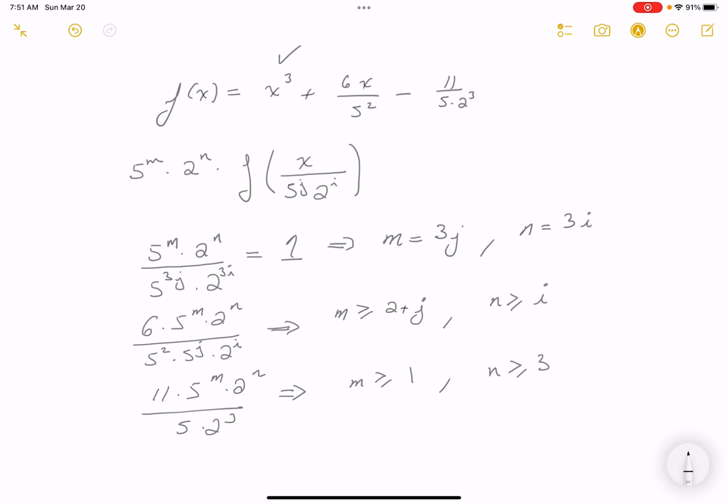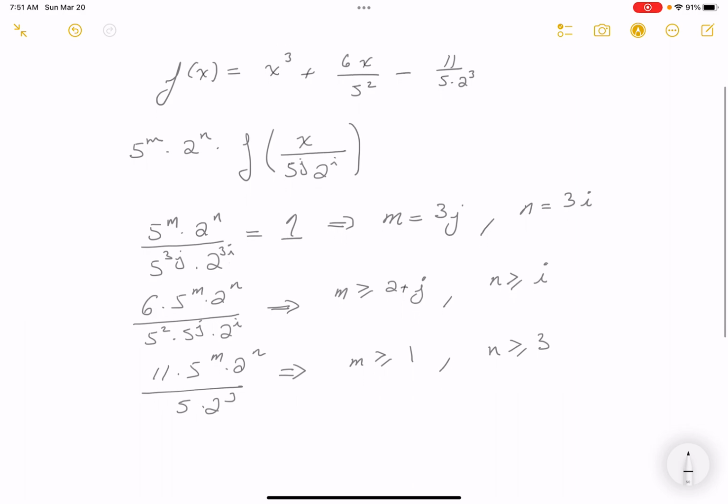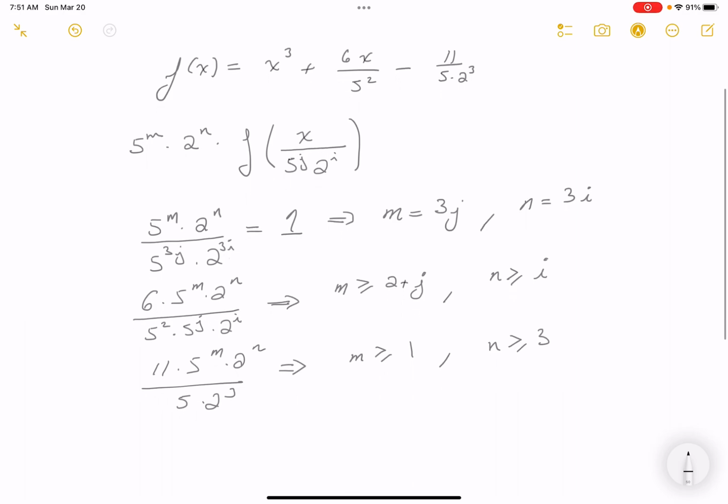All right, let's take a look. And we're going to try to write this down now. So I'm going to say, I guess I got a restriction on the n. The n's got to be greater than or equal to 3. And the m has got to be greater than or equal to 1. So let's write this down.